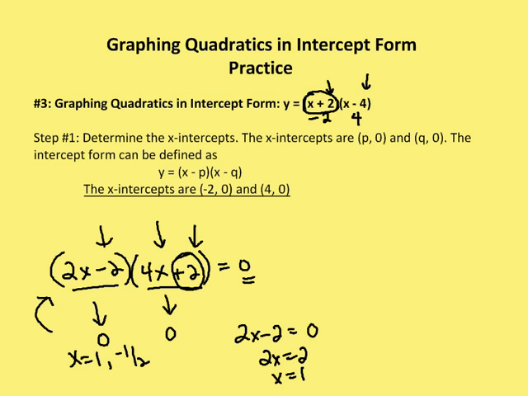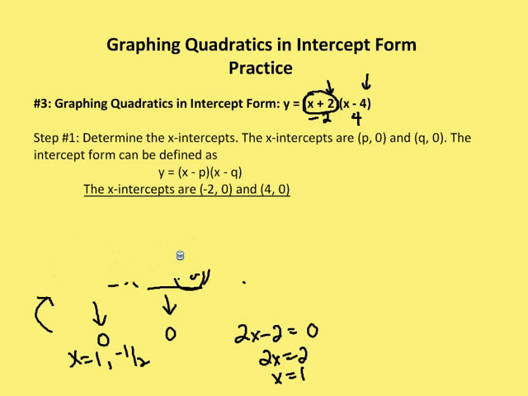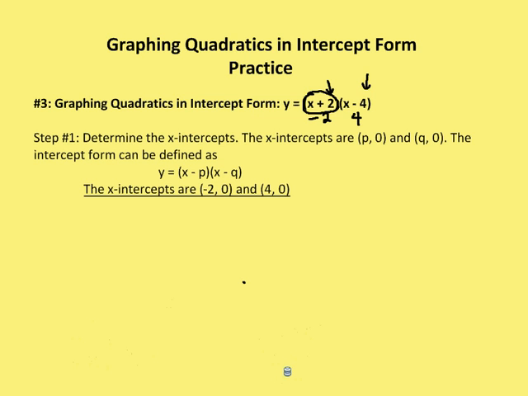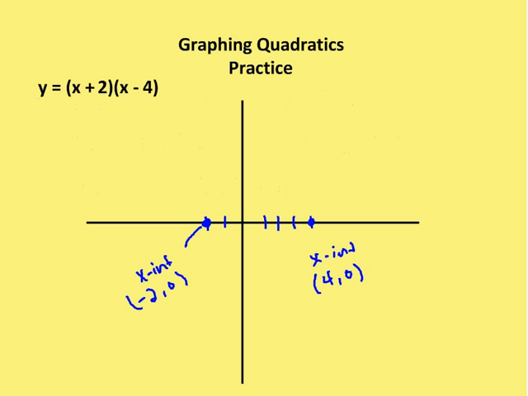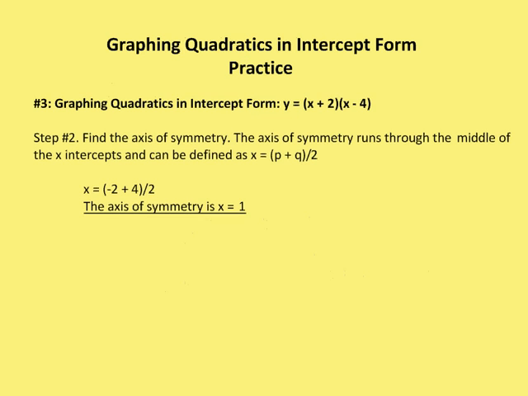In this case, what we find is that x is going to be equal to -2, or equal to positive 4. So our two x-intercepts are (-2, 0) and (4, 0). Okay, so we're going to go ahead and graph that. On the graph, it looks like this. I have an x-intercept at (-2, 0), and another x-intercept at (4, 0). Next step: find the axis of symmetry.